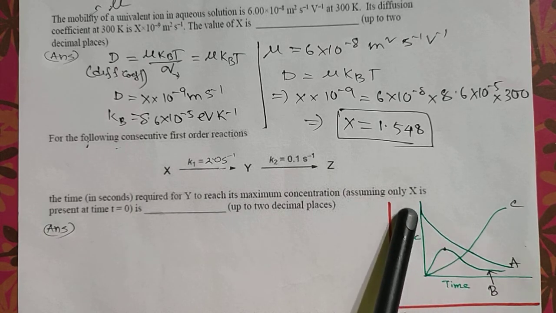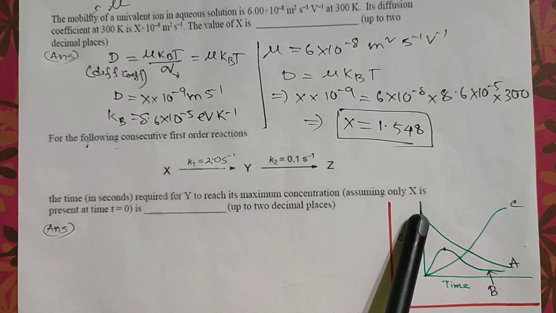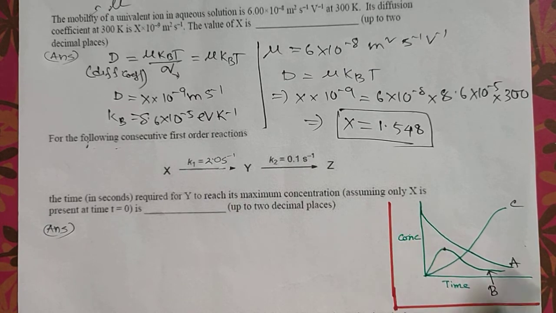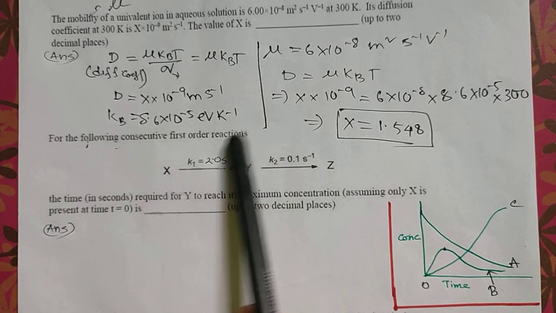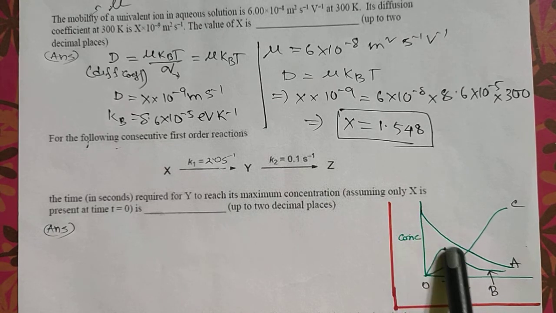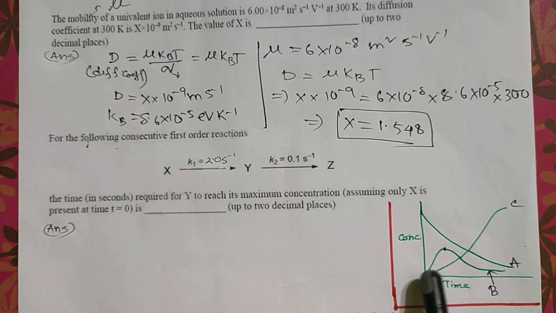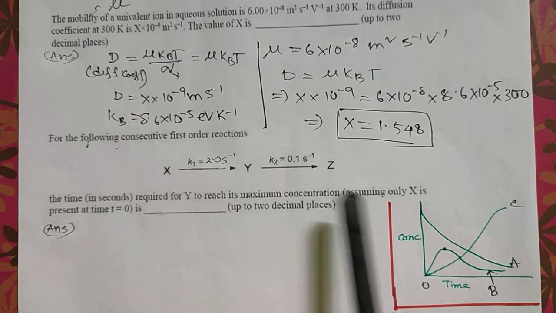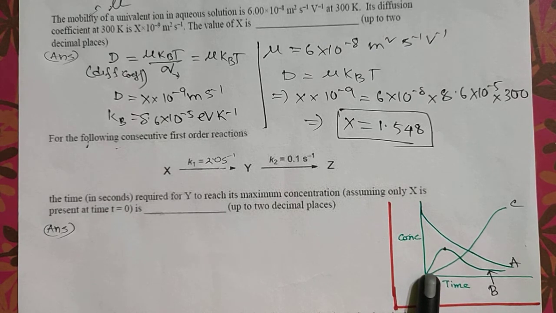Obviously initially only a is there, at time 0 only a is there, so that is the concentration of a. As time passes, since this is first order, a decreases exponentially.